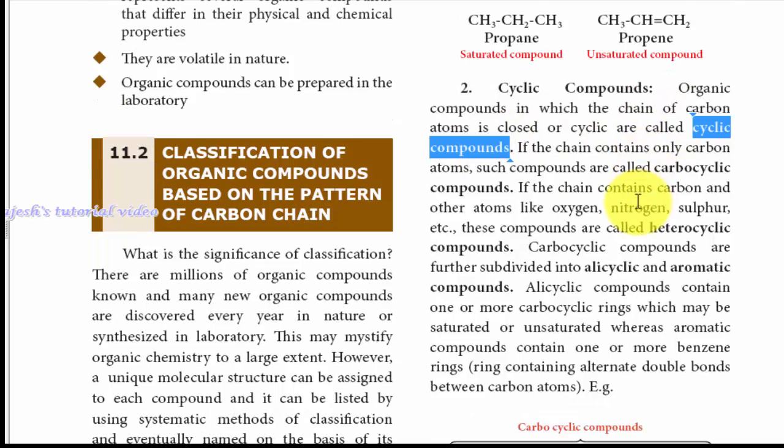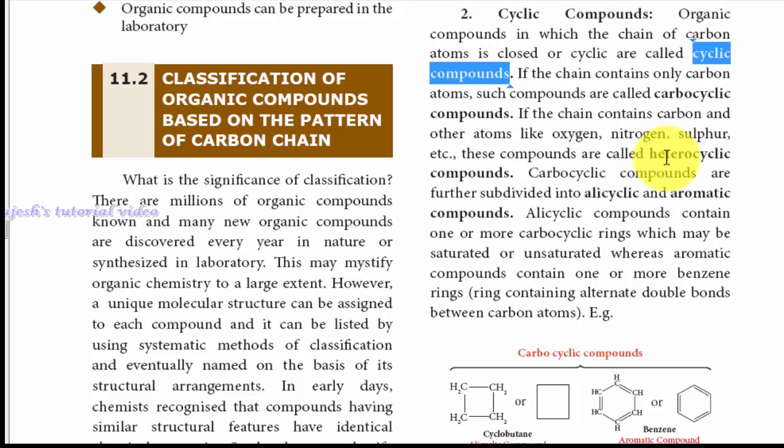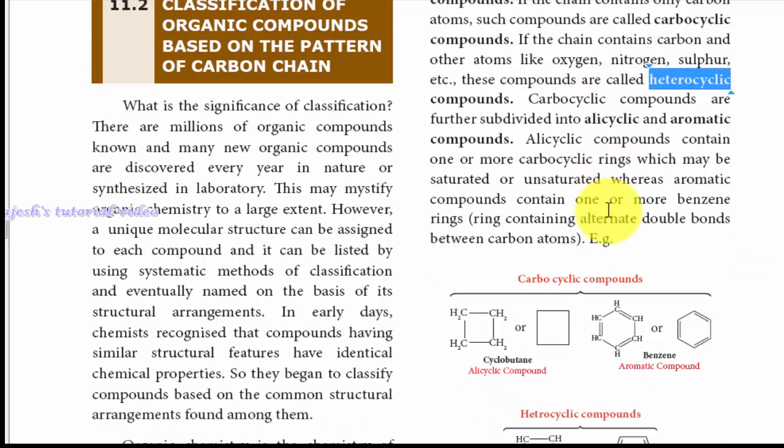Cyclic compounds are further divided into two types, namely carbocyclic compounds and heterocyclic compounds. In carbocyclic compounds, the chain carbon atoms are bonded to carbon atoms alone to form a cyclic fashion. That is, if the chain contains only carbon atoms, then you call it carbocyclic compounds.